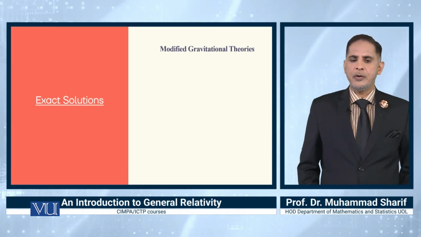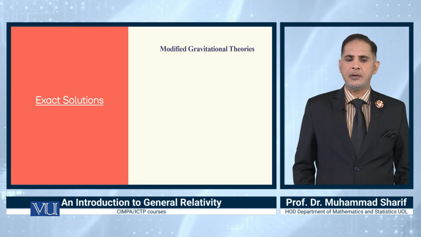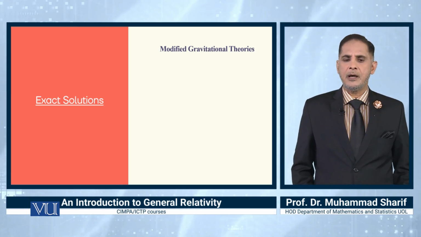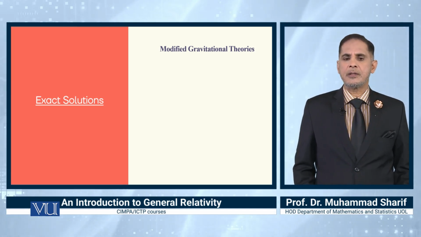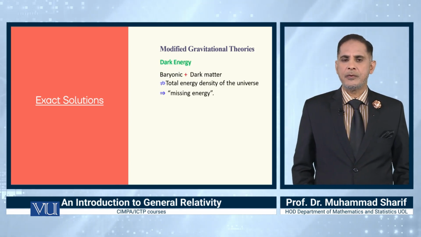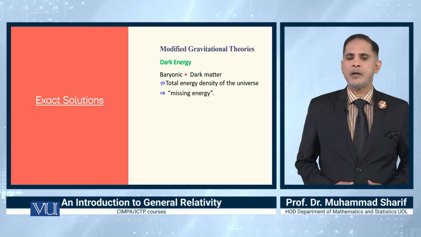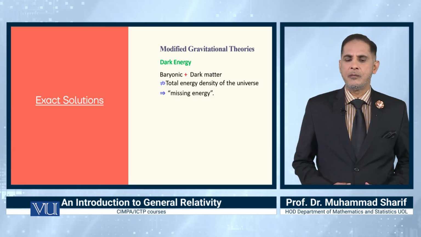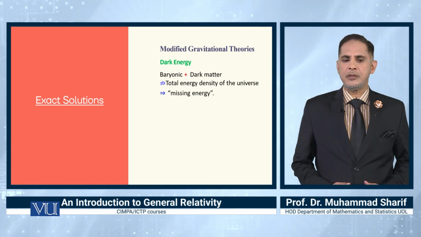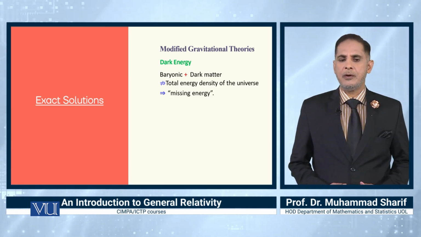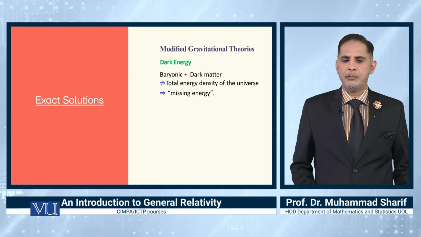Okay, before going to the second method, that is the decoupling technique, I would discuss modified gravitational theories. First, if we consider baryonic matter plus dark matter, we should have the total energy of the universe, but we don't obtain this total energy.